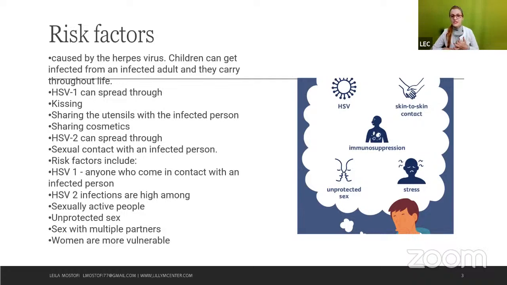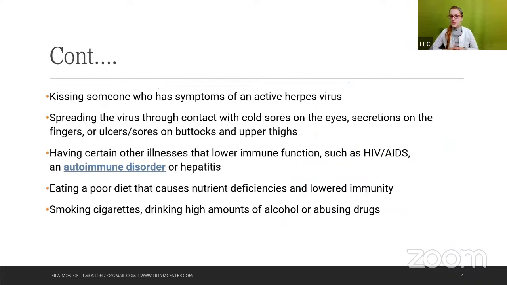Risk factors include, for HSV1, anyone who comes in contact with an infected person, and for HSV2, these infections are high among sexually active people with unprotected sex with multiple partners, and women are more vulnerable. Even kissing someone who has symptoms of an active herpes virus.